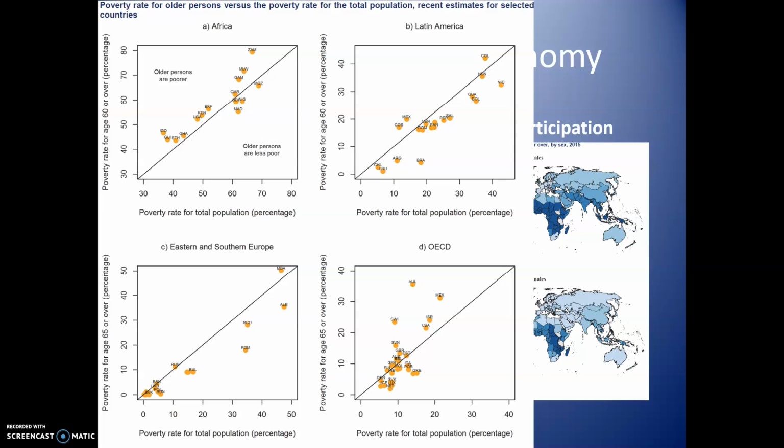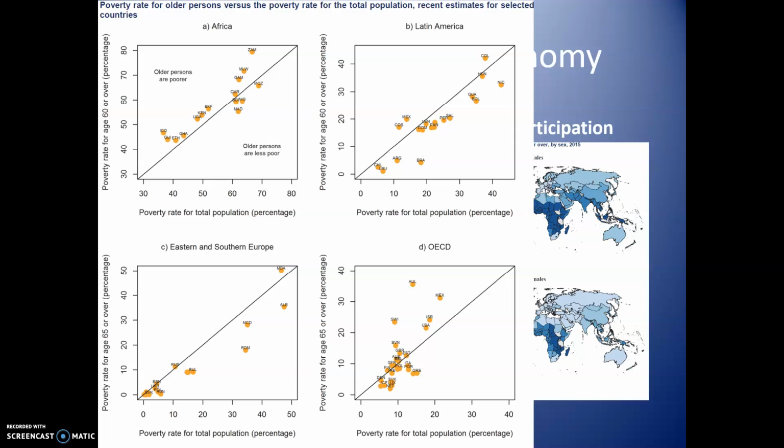And you can see there's a stark difference between different economic regions. So the poorest countries in Africa tend to have a lot more older people in poverty compared to the general population, whereas if we go down to Eastern and Southern Europe, then the poverty rate is lower in the older population compared to the younger population.